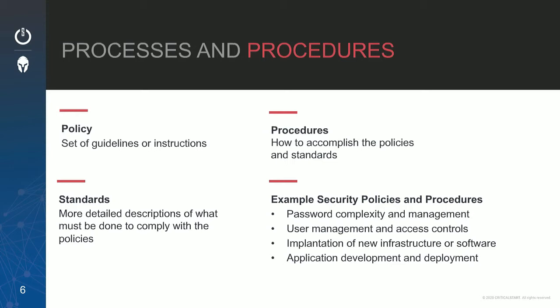And taking password complexity, a policy would be all users must have a password that is 12 characters in length, has alphanumeric characters, and is rotated every 90 days. That's a policy. Now, procedures, how are we going to accomplish this? So using the password example, we can accomplish this by enforcing rules on Active Directory for length of password existence or password complexity.